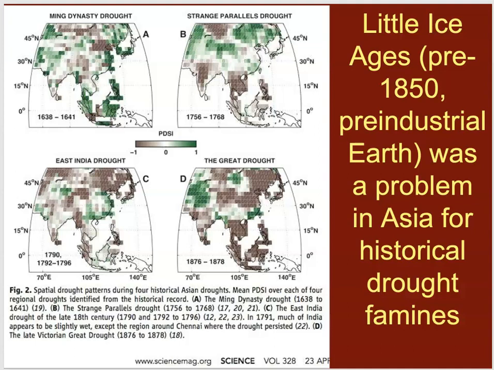And this kind of concerns me. There's some 3 billion people living in this part of the world, and we know that pre-industrial conditions have droughts when it's colder. Warmer periods in a pre-industrial Earth had much more reliable monsoon rains.